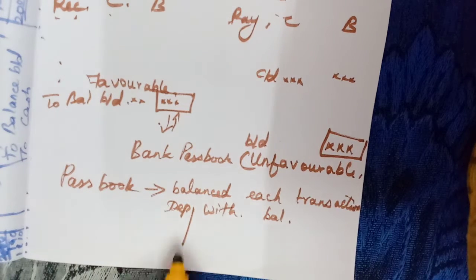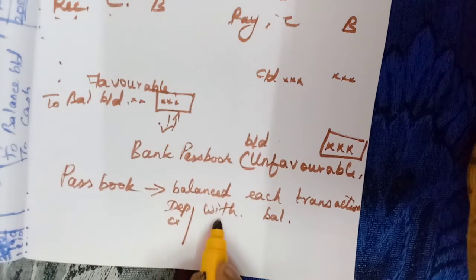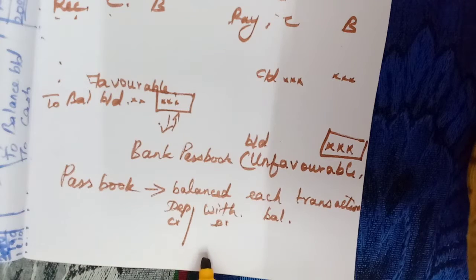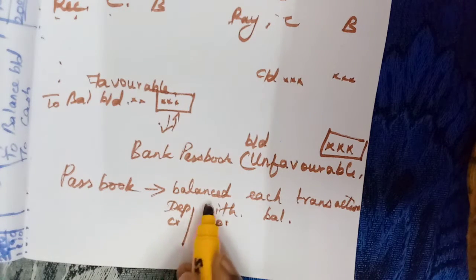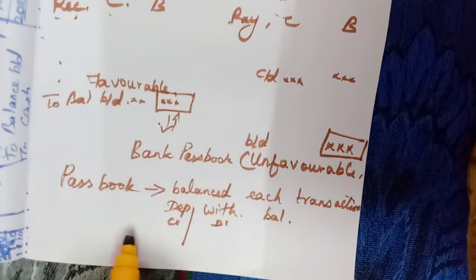Here they will show this one as credit, this one debit, withdrawal. Why are they crediting? Here we can say for the banker, it is maintained by the bank, isn't it?